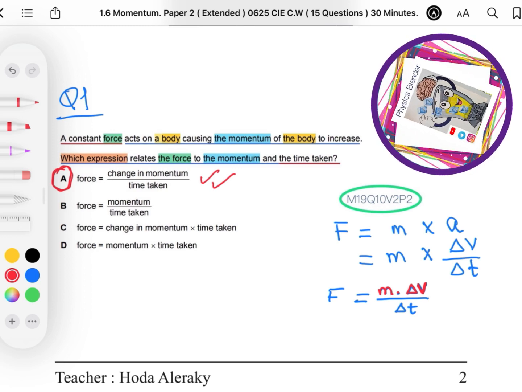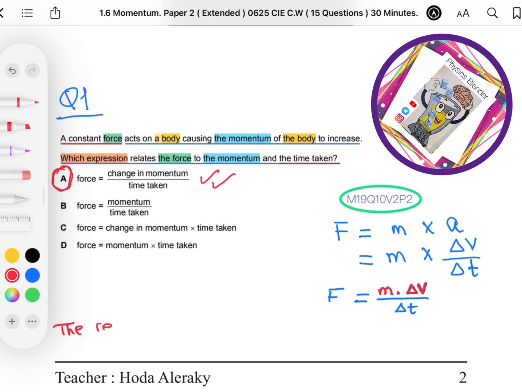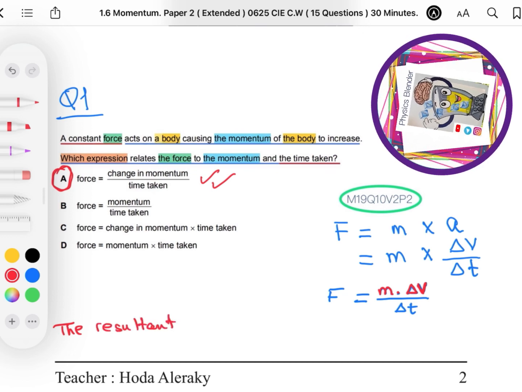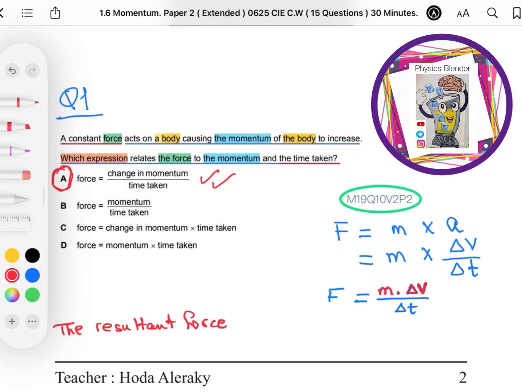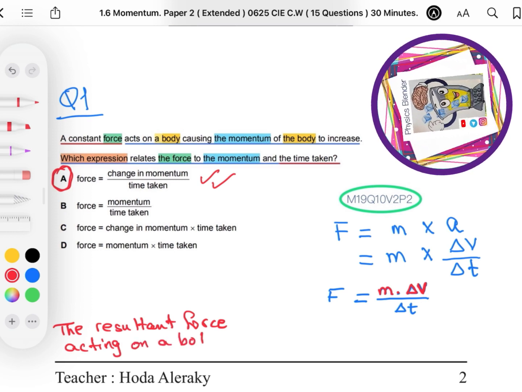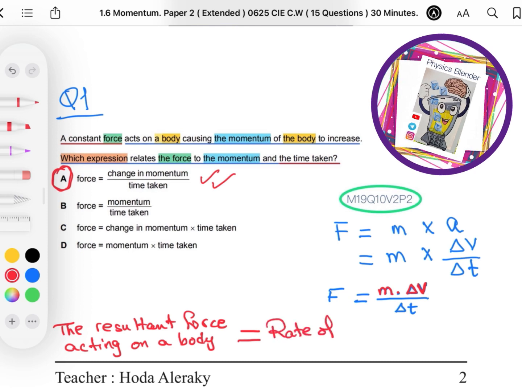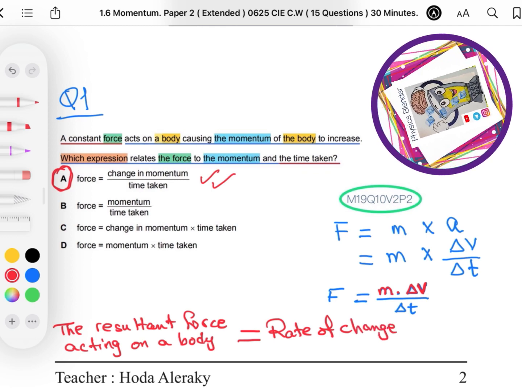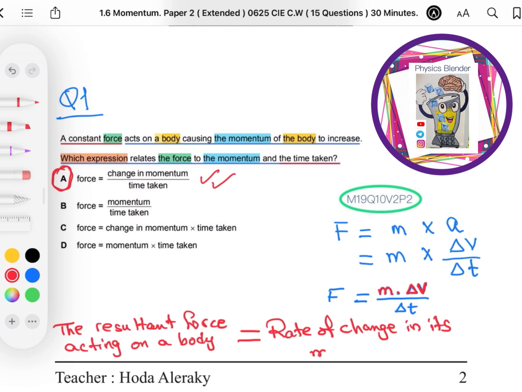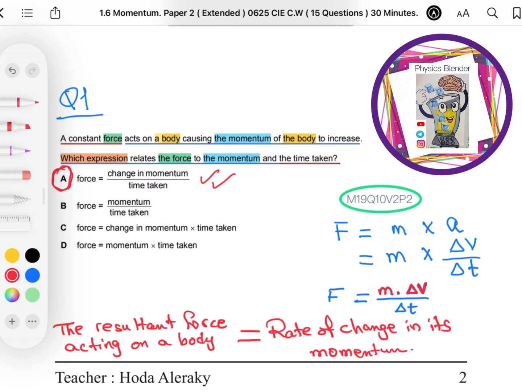First of all, we can write that force, the resultant force, acting on a body is equal to the rate of change in its momentum. So this point is very important.